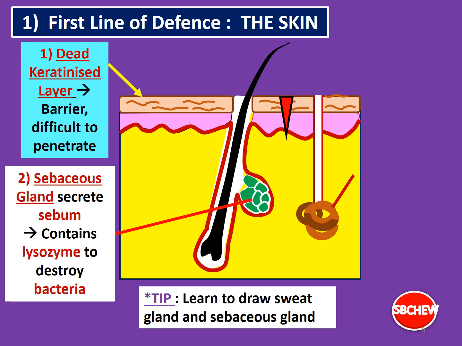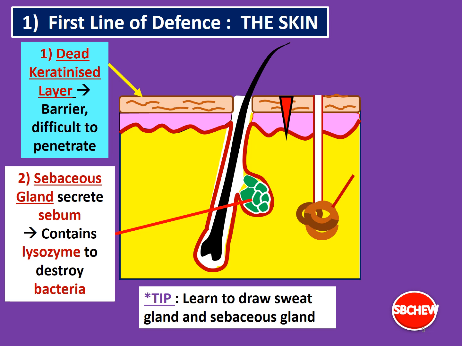We have to know how to draw the sebaceous gland in a diagram of the skin. So sebaceous gland is right beside the hairs of the body, and do not confuse it with the sweat gland, which has a sweat duct that opens up to the surface of the body. For sebaceous gland, its function is to secrete sebum, and the sebum has 2 functions.